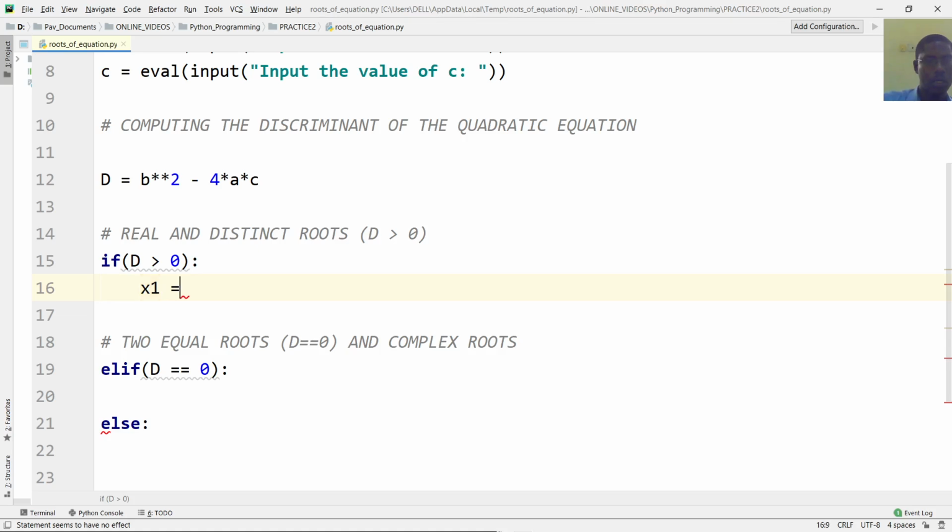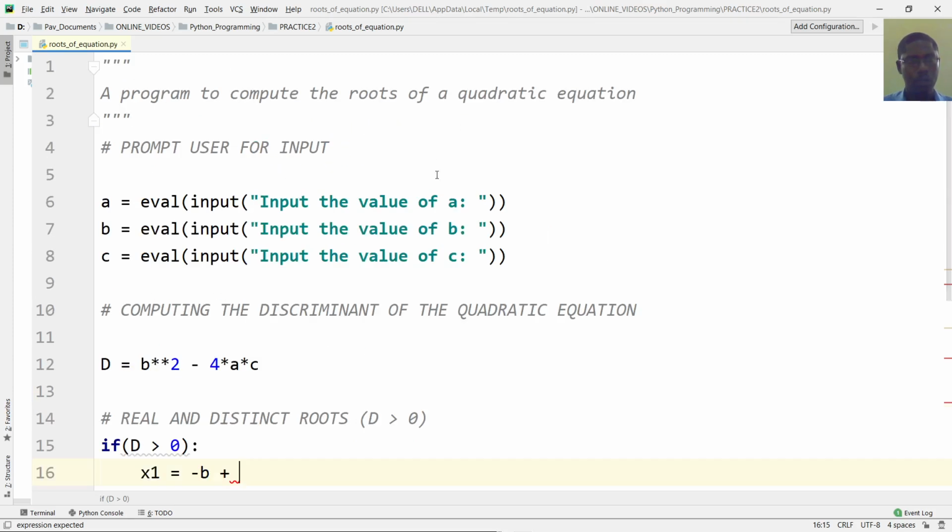x1 to be equal to, we said, negative b plus square root. There might be a need for us to import at this point, just before we start writing the program.